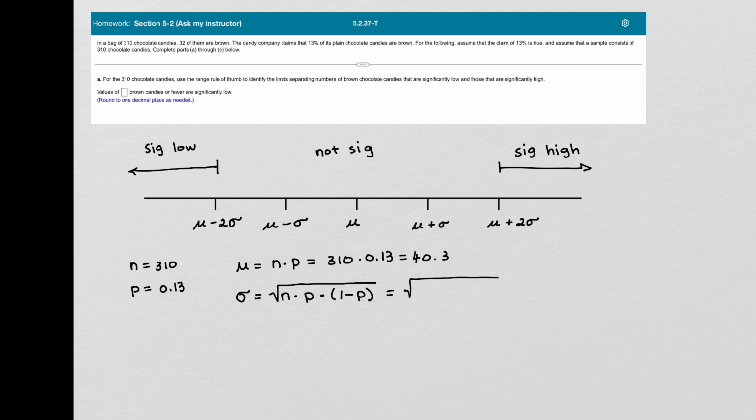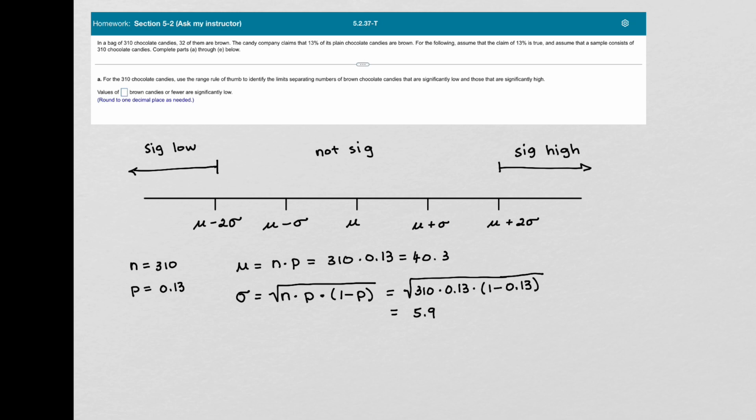So this is the square root of 310 times 0.13 times 1 minus 0.13. And that turns out to be 5.9 if we round to 1 decimal place.